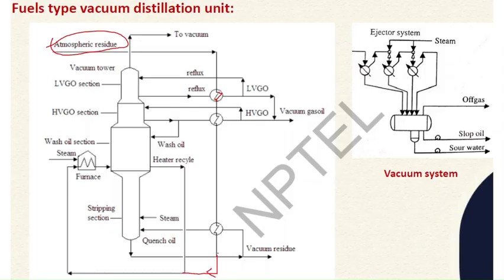This atmospheric residue, after heat exchanging with the side cuts and the vacuum residue, gets heated in the furnace, and after heating in the furnace, it enters the vacuum distillation unit.